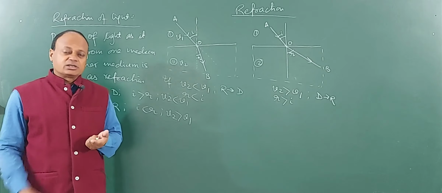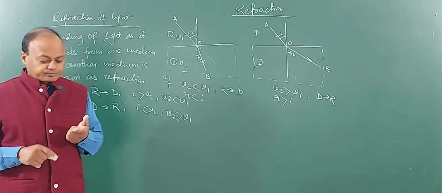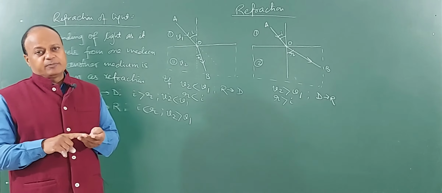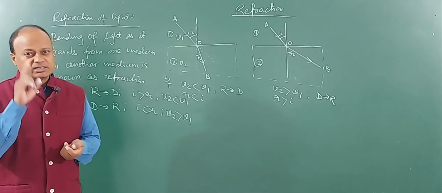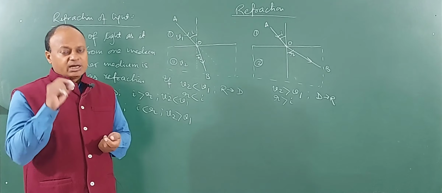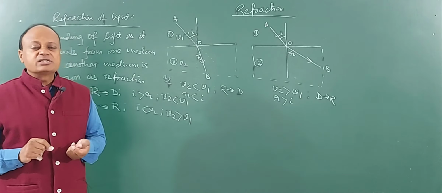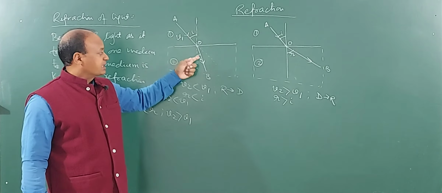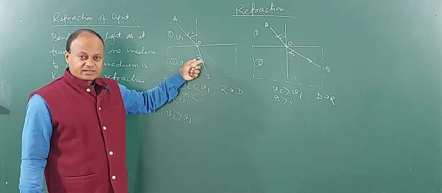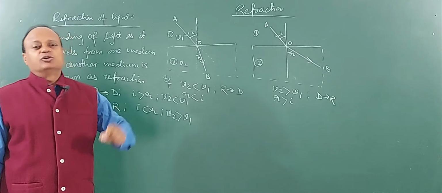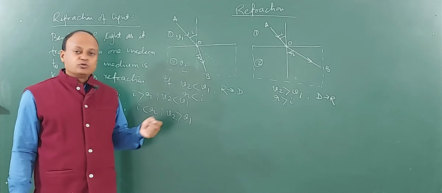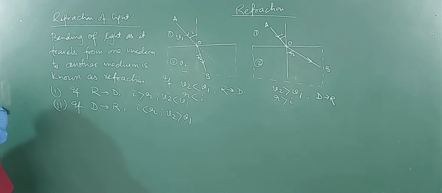There are two laws. The first law is that the incident ray, the refracted ray, and the normal at the point of incidence lie in the same plane. This is law 1. And the second law, which is called Snell's law, is the sine of angle of incidence bears a constant ratio with sine of angle of refraction, and this ratio is called refractive index of medium 2 with respect to medium 1.